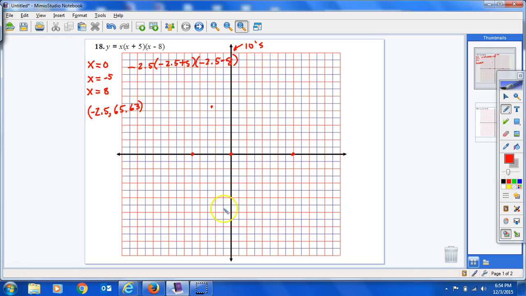Okay, so that tells me that my graph, since we've got to come through this x-intercept, is going to come up to this point.